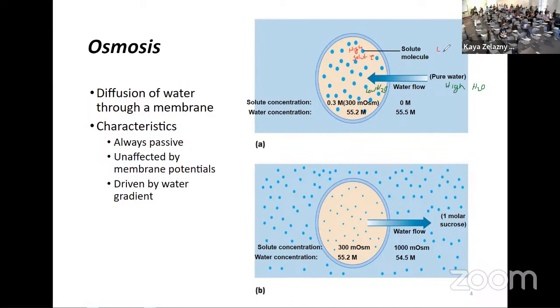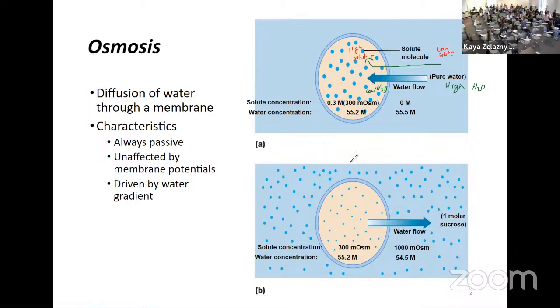Low solute. So water moves from high to low along its own gradient. But if you were to just see solute concentrations, you'd see that the water is moving towards the high solute concentration. So those two ways of figuring out the direction will get you to the same answer.